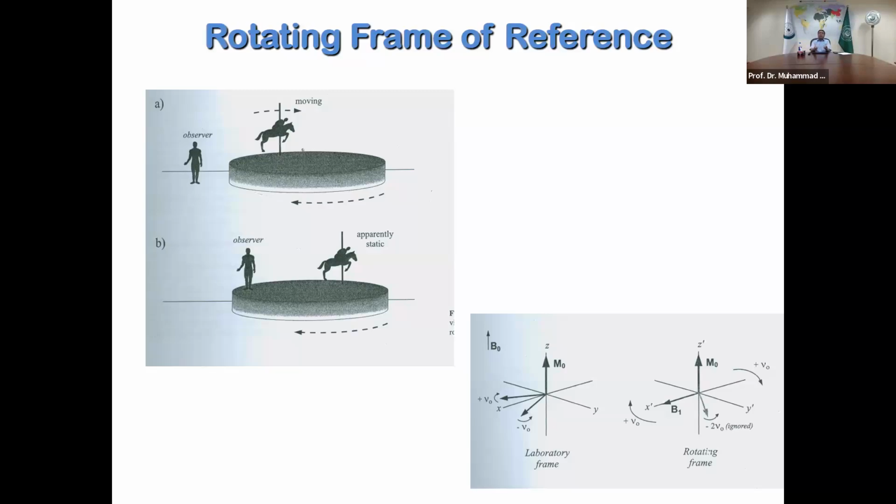But you see, more importantly, what is required for you to understand is that only in the rotating frame of reference would you be able to see the relative movement of these signals. If you're outside the frame of reference, then you will never be able to see that.